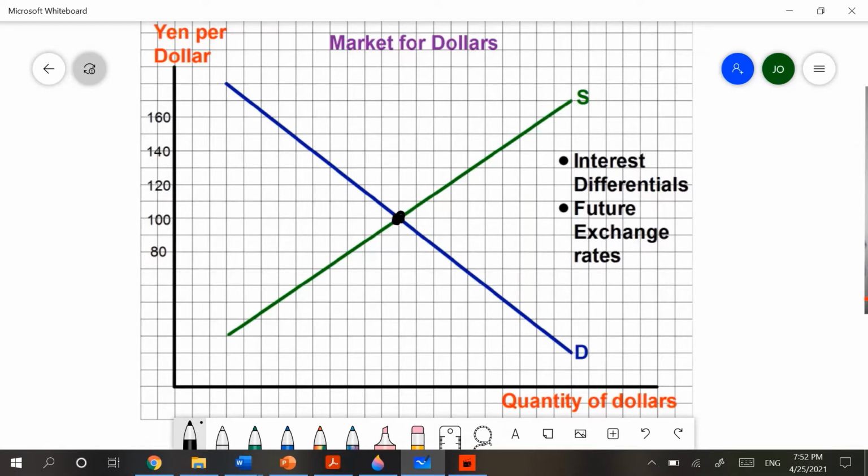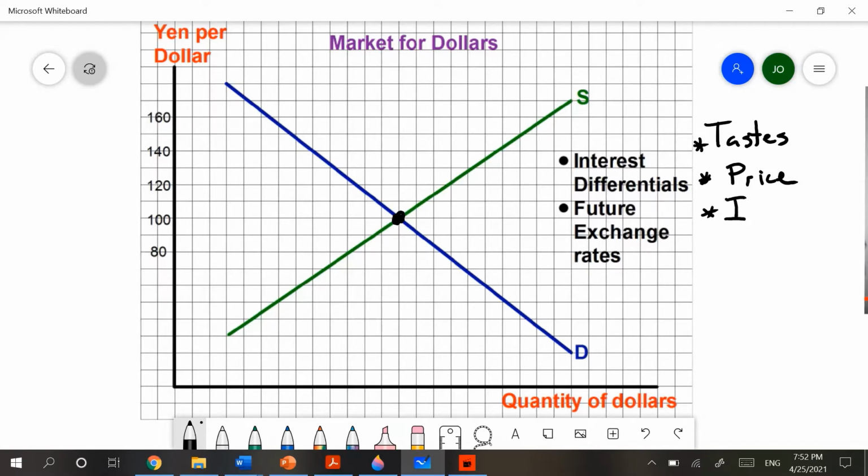You might remember them as tastes and preferences. You also had the price level. Remember that we're talking about dollars, so it's the price level in the US.